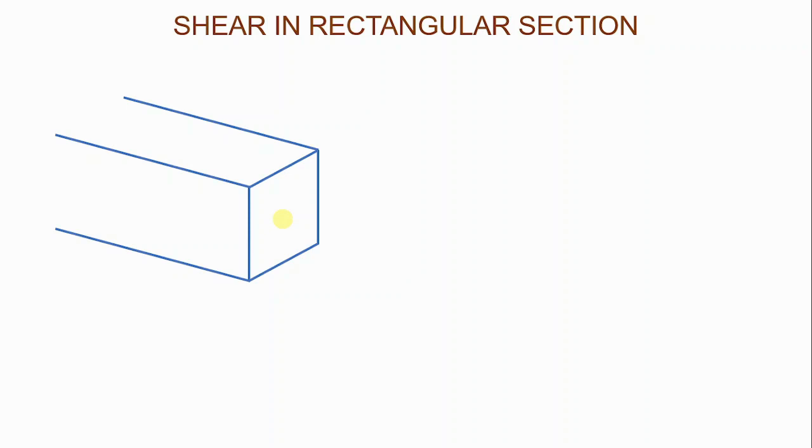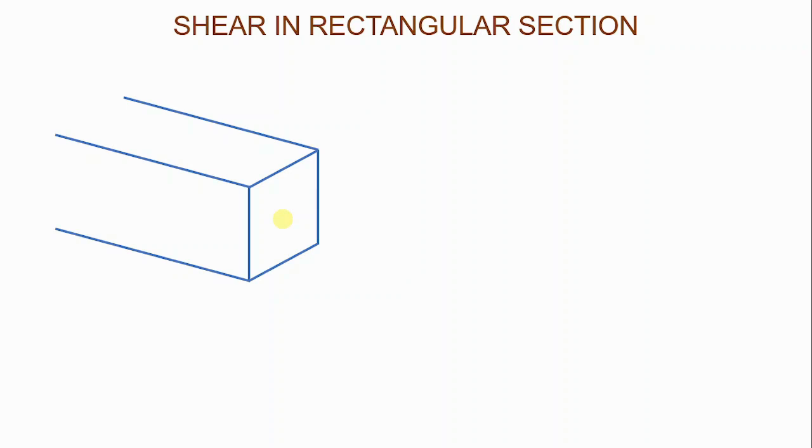Now, when we speak of shear, what we really want to study in this case is the shear stress. The shear stress is the stress that will arise due to the presence of a shear force. Now, in Science N4, you learned how to draw shear force diagrams, and I think you've even been doing that ever since Science N3. When you draw that diagram, you will see that you do not always have the same shear force at every location of the beam.